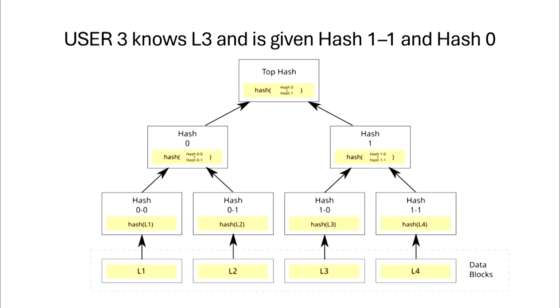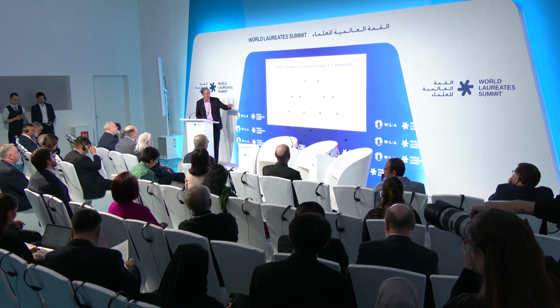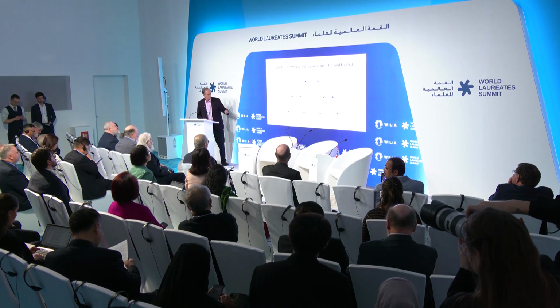And now, if user 3, for example, wants to prove that he knew L3, which is a patent disclosure, at a certain point in time, he takes the top hash, which was published in the New York Times, and he then takes L3 and produces a hash 3 value.